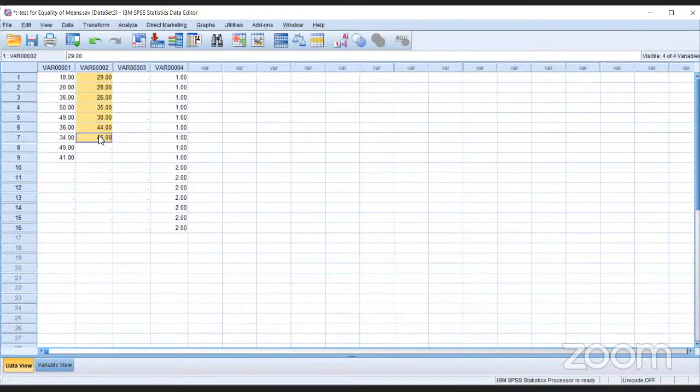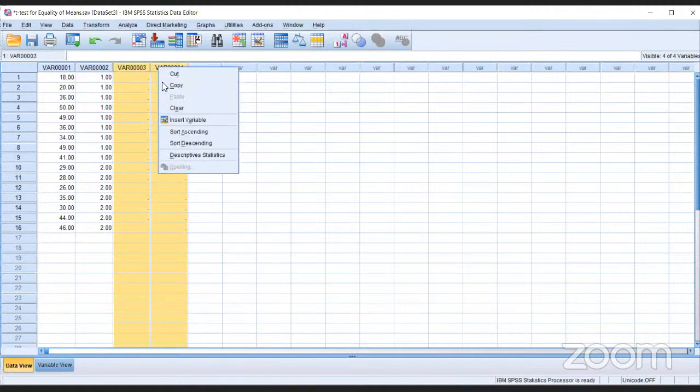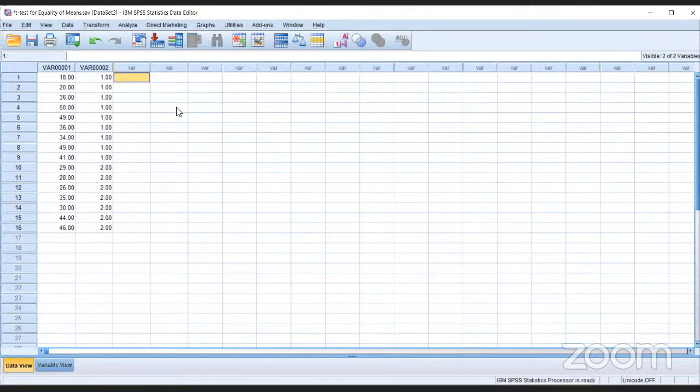So here comes the picture. This is the main important thing, for those who did these things. Keep that in mind. Most of them make mistakes here, for doing the t-test and ANOVA also. For entering the data into SPSS, most of them fail.